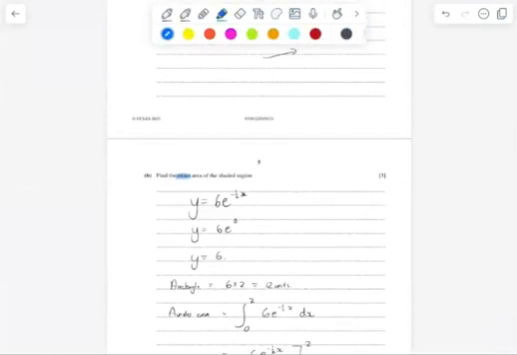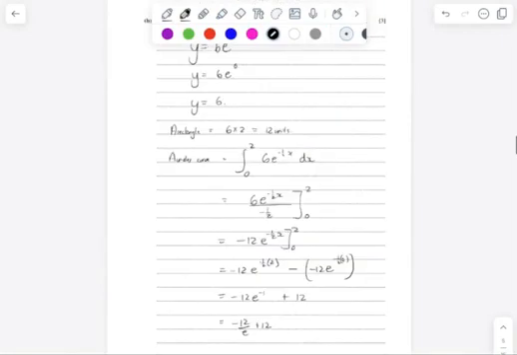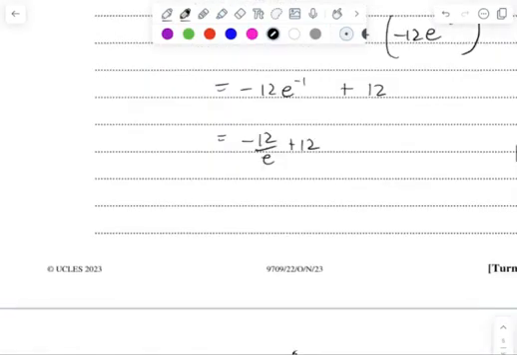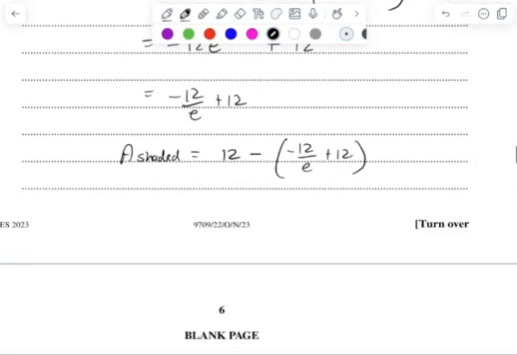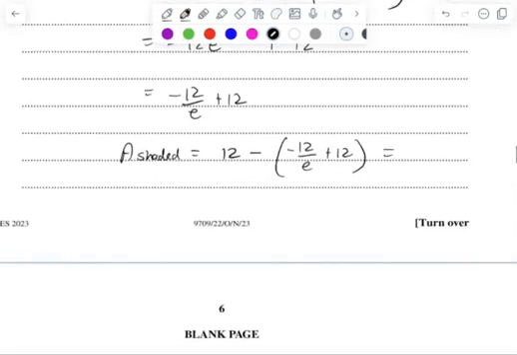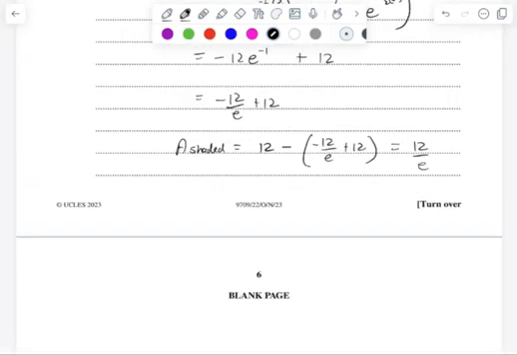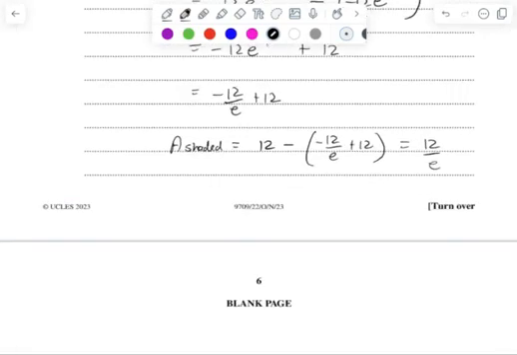So the area of the shaded region is 12 minus this answer that we got. The 12s cancel out, and the area of my shaded region is just 12/e. Okay, that's my final answer.